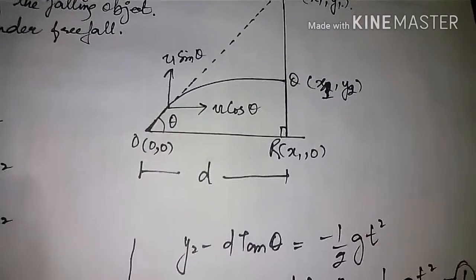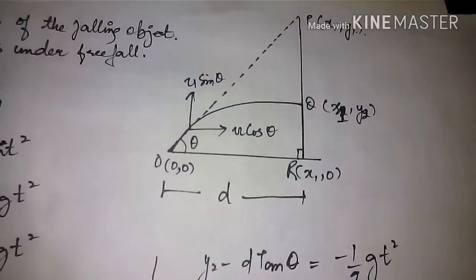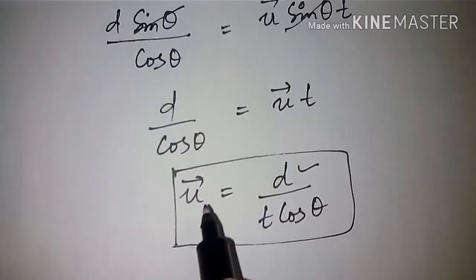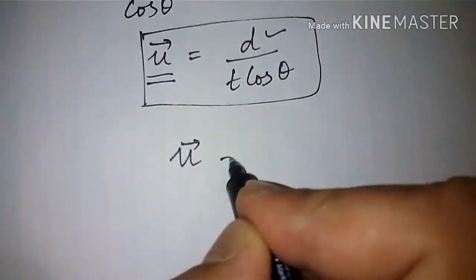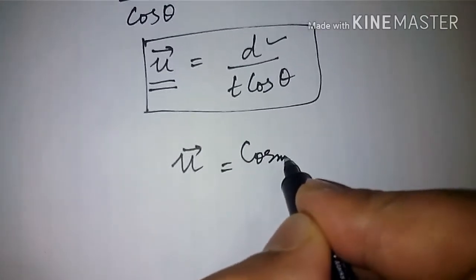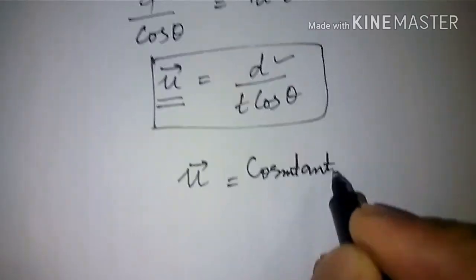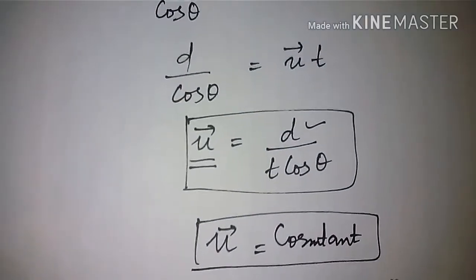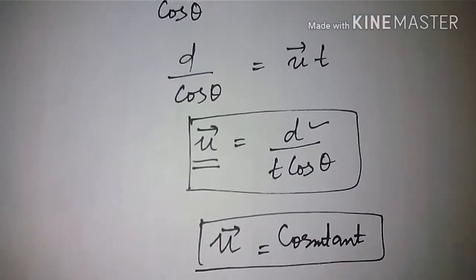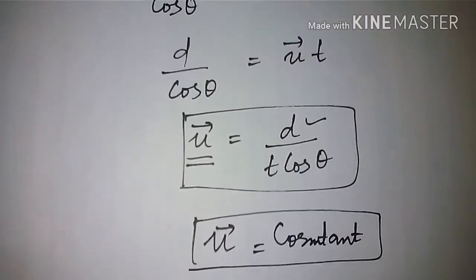That is, t will also be constant. Hence you can say that this u is constant. What is u? u is the muzzle velocity. So here we have proved that this is constant.